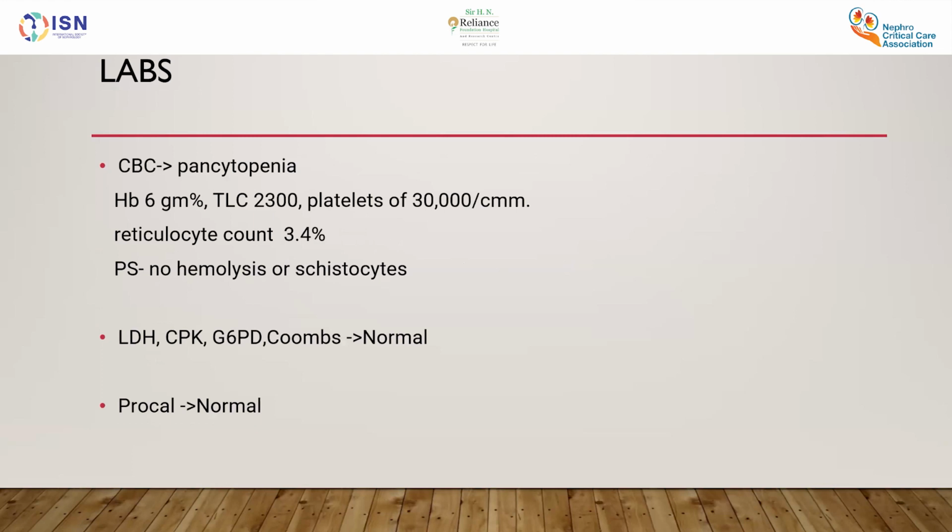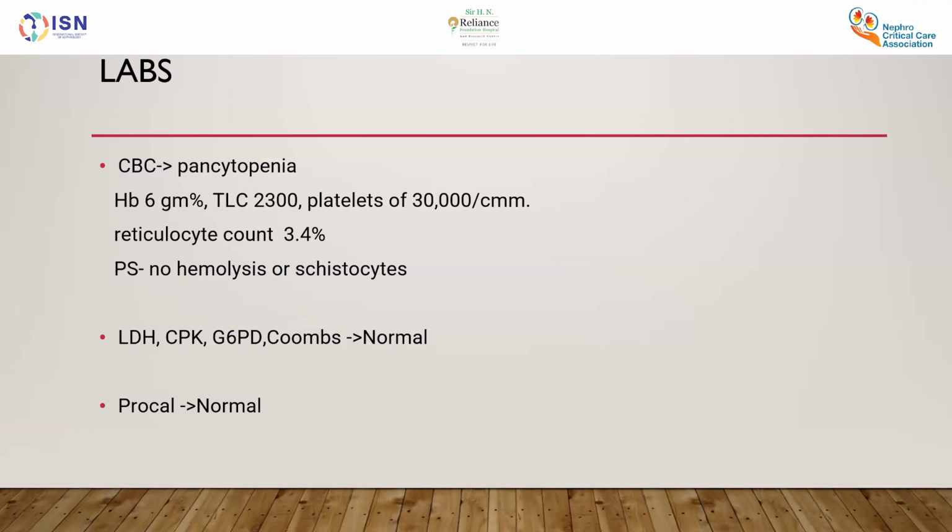Possibility, yes. But I think there is no hemolytic feature. No hemolysis. Now I'm coming to that. No rise in LDH or CPK. So that rules out your myositis. Don't you think so, Niranjan? Yes, sir. So that doesn't fit in.